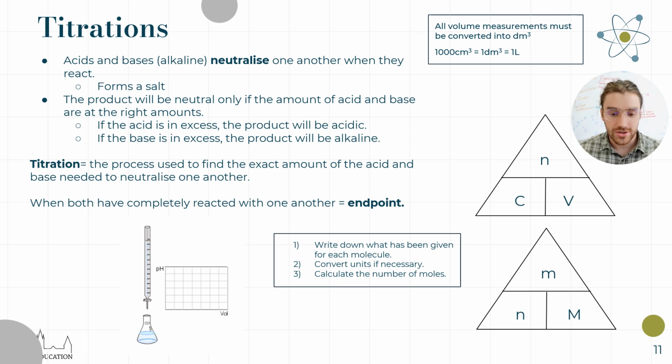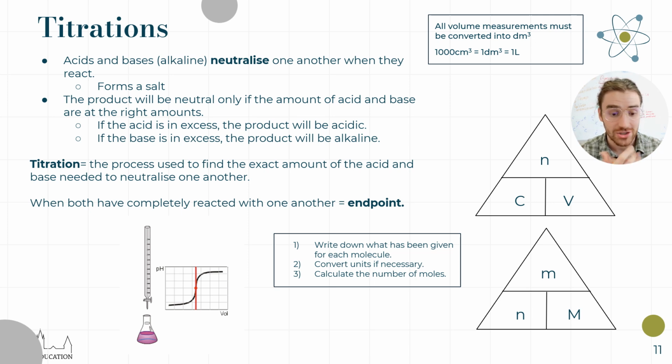As you can see here, the titration is the process used to find the exact amounts required for an acid and base to neutralize one another. Again, if the acid is in excess, it's going to obviously be acidic. If the base is in excess, it's going to be basic or alkaline.